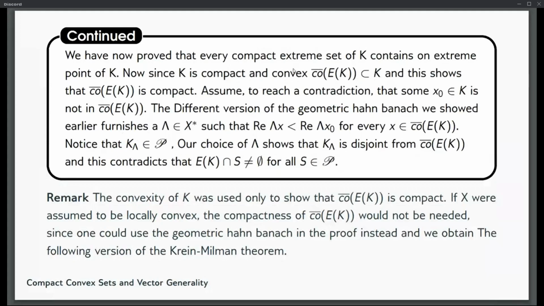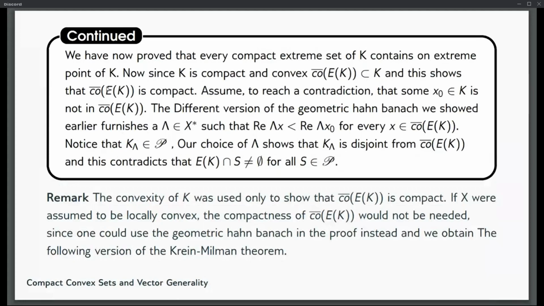Now, because K is compact and convex, we get this inclusion. Remember, convexity tells us that K is a convex set that contains E of K. So the convex hull of E of K is a subset of K, and because K is closed, the closure is going to be a subset of K, because the closure is the smallest closed set that contains it.